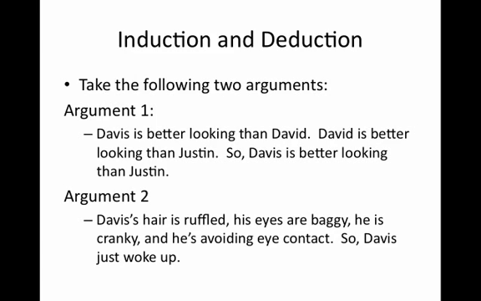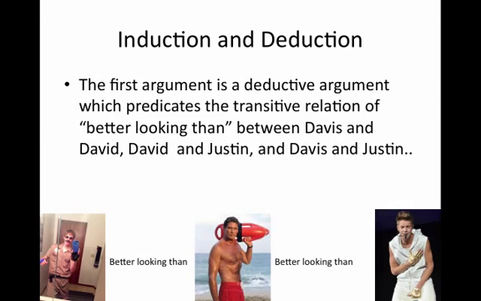For example, that Davis just got beat up, or that someone just injected Davis with certain drugs. So there's other things that could follow from kind of these bits of information. So that's the difference between induction and deduction, the strength of the connection between the premises and the conclusion.